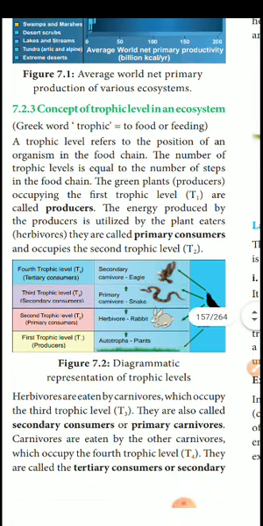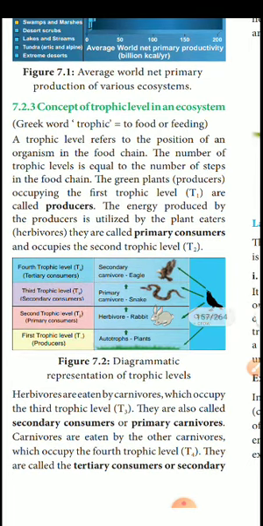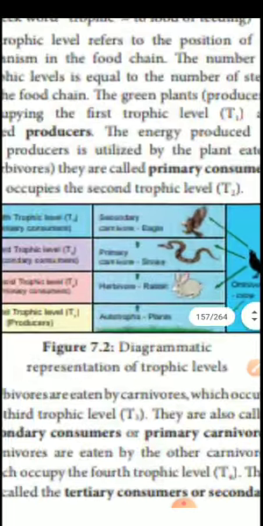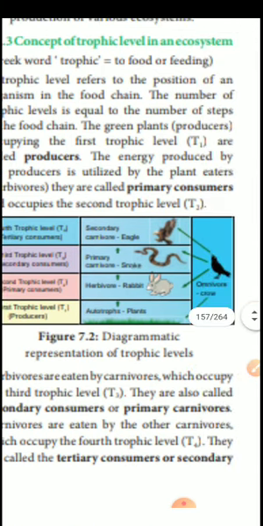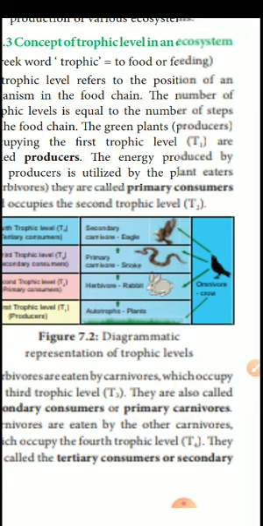Then the primary consumer utilizes the plants. See the picture: fourth trophic, third trophic, second trophic, first trophic. First is producer, second is primary consumer, third is secondary consumer, fourth is tertiary consumer. Eagle is the secondary carnivore, snake is the primary carnivore, rabbit is the herbivore, and plants produce their own food.